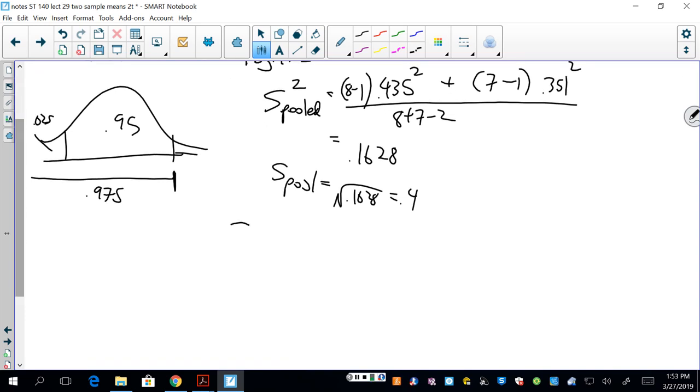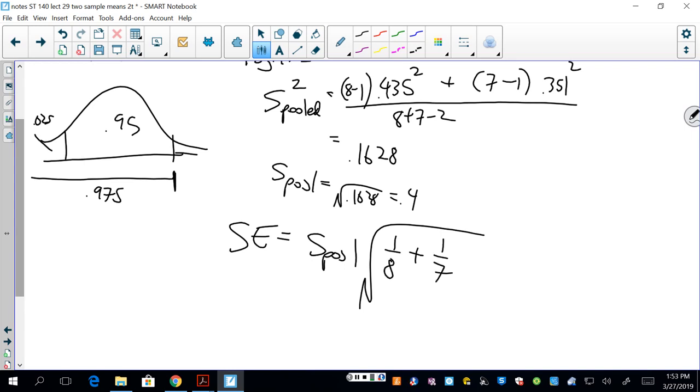Standard error formula is that pooled number times the square root of 1 over the sample size of the first one, which is 8, plus 1 over 7. And so it's 0.236. Right, so we have the elements that we need.